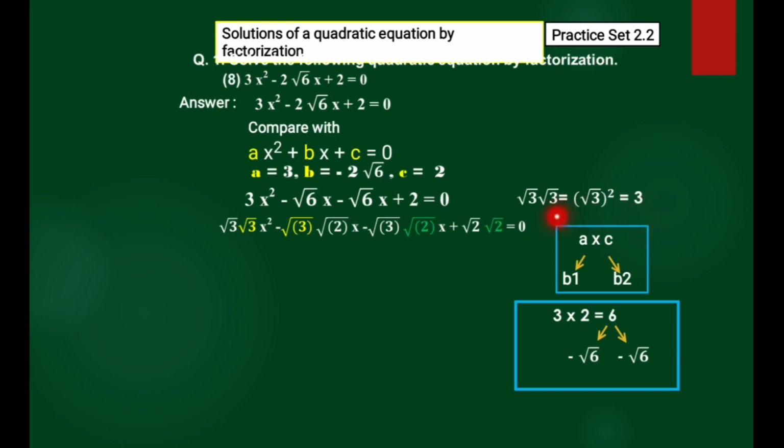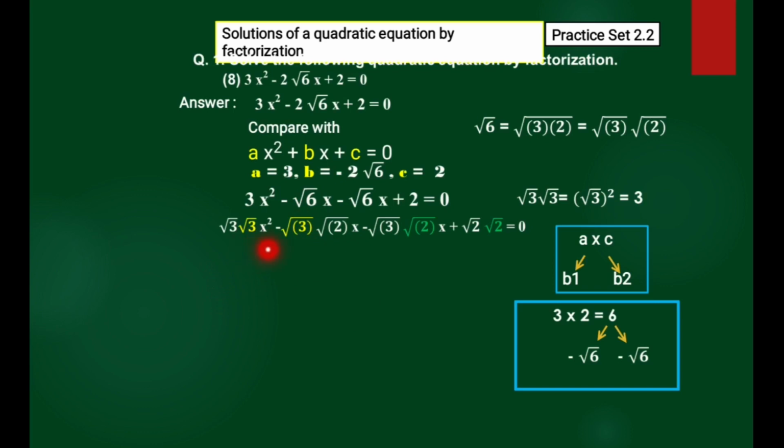So we write 3 as root 3 into root 3. Again this 6 can be written as root 3 into root 2. So we write root 6 as root 3 into root 2.